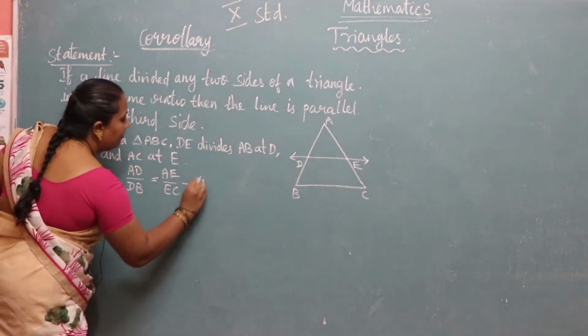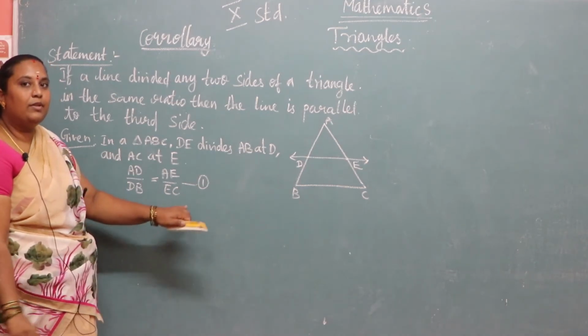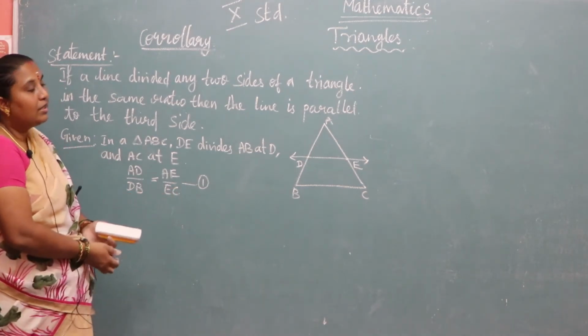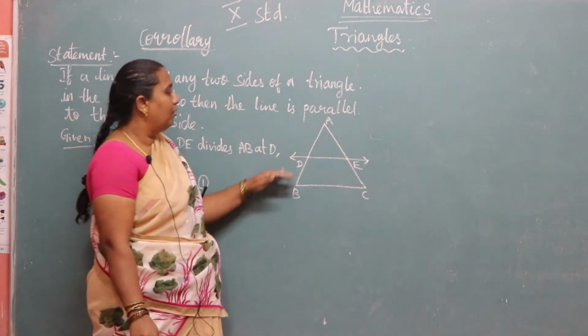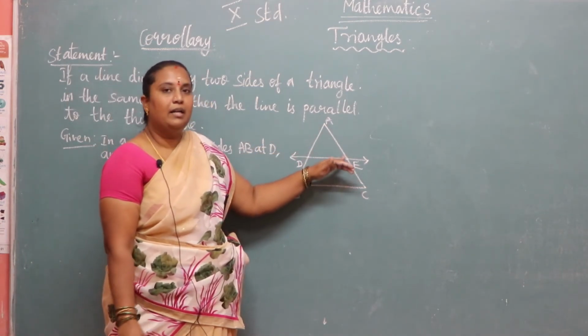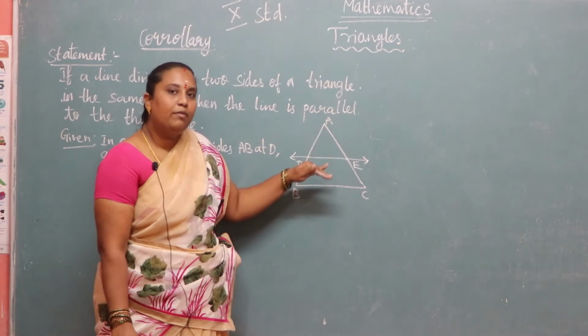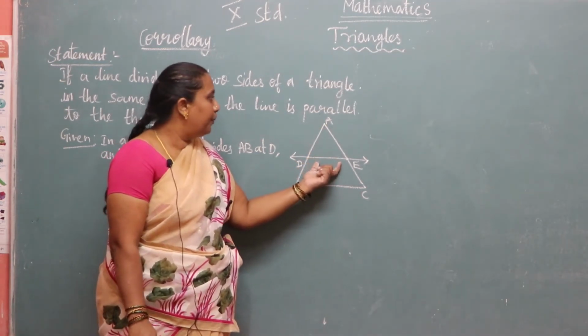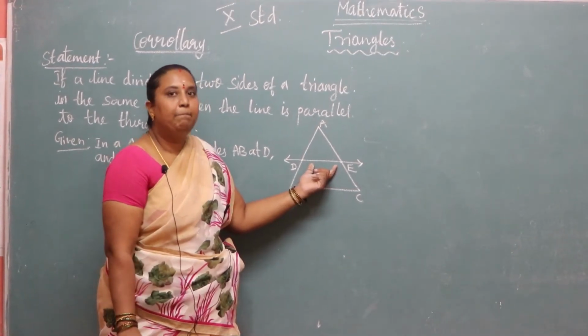This is equation number 1. These two sides are divided in the same ratio, and what we want to prove here is that these two lines are parallel.